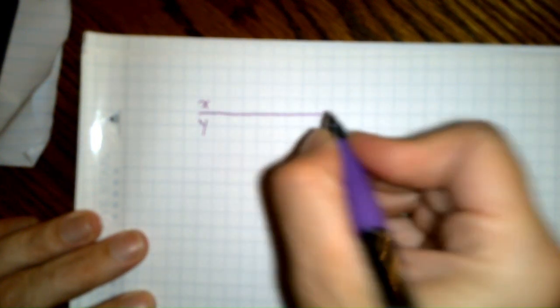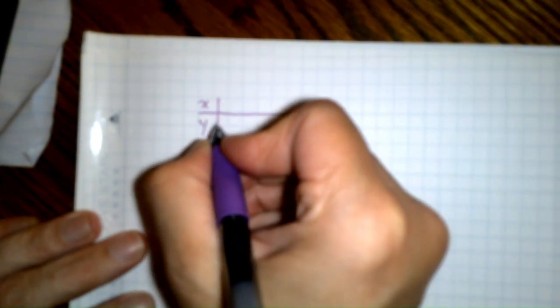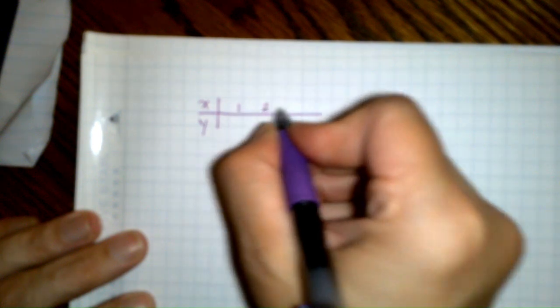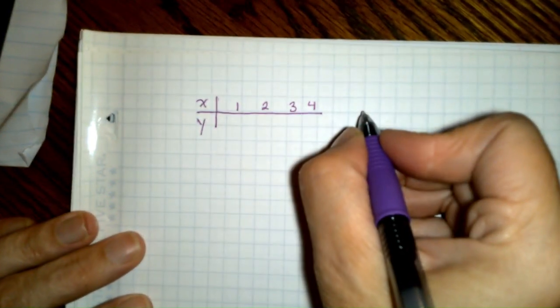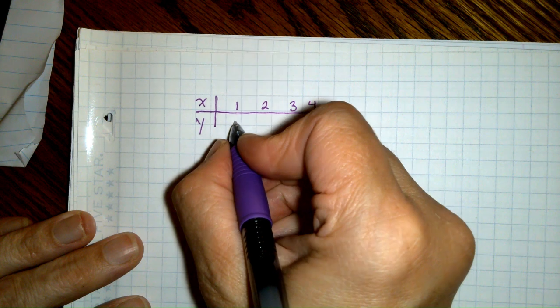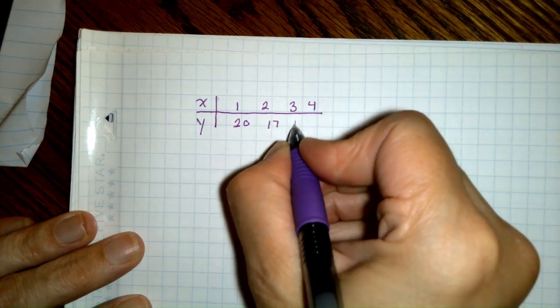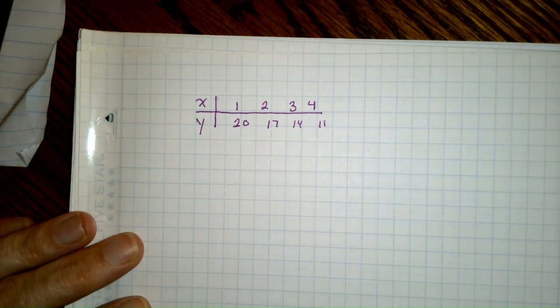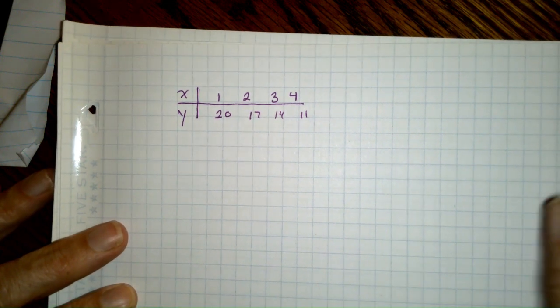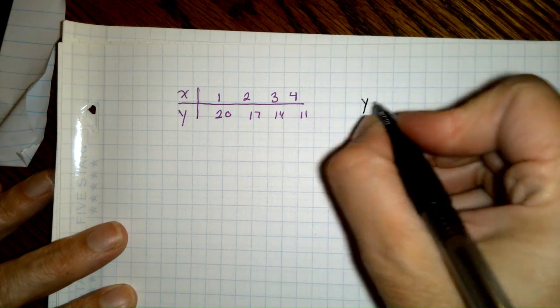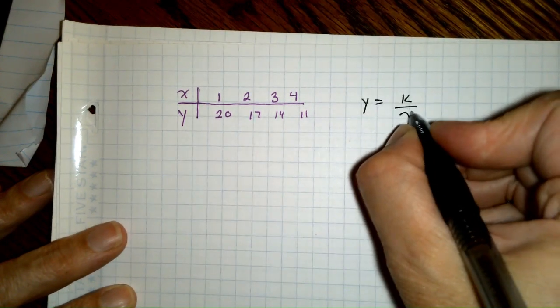Just so that you've seen it here, sometimes they save vertical space by writing horizontally. Okay, so x is increasing and y is decreasing. So is it an inverse function? Well, let's check. Anytime we're checking for inverse, we're asking does y equal something divided by x?